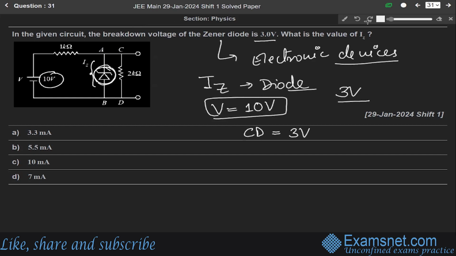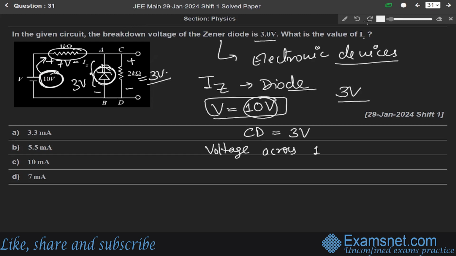Now since the supply voltage is 10 volt, the voltage across the 1 kilo ohm resistor should be 10 minus 3, so this must be 7 volt. So the voltage across the resistor 1 kilo ohm is 7 volt.